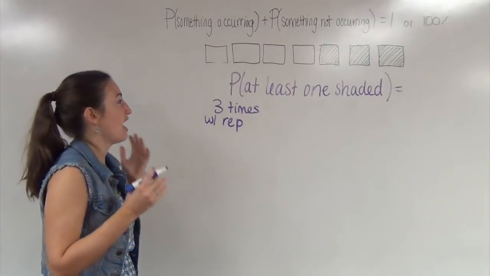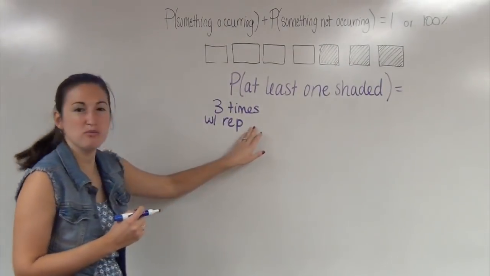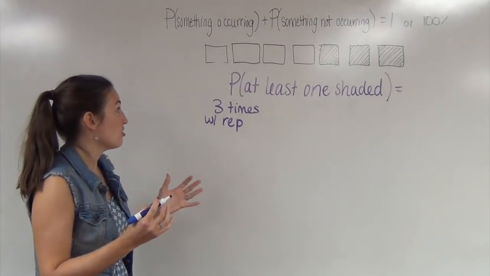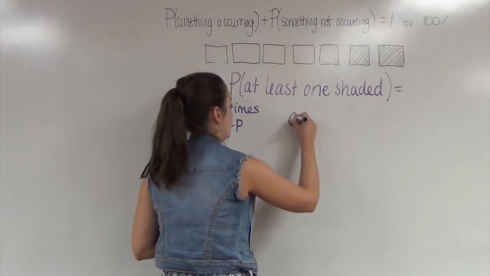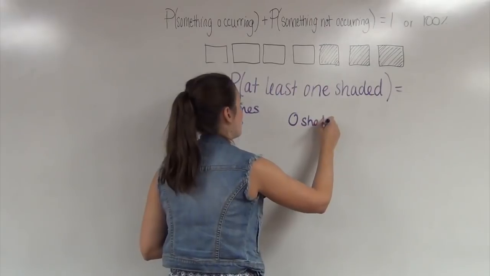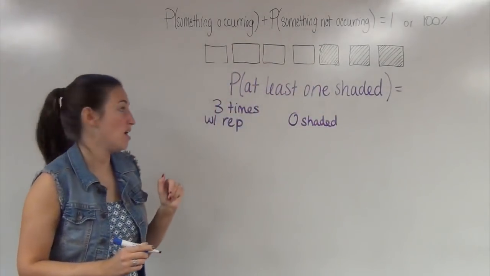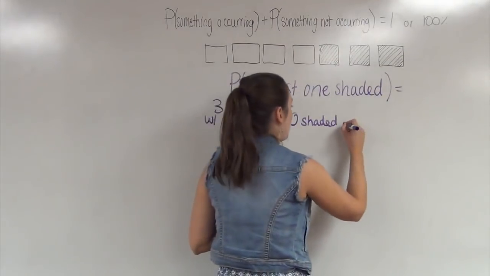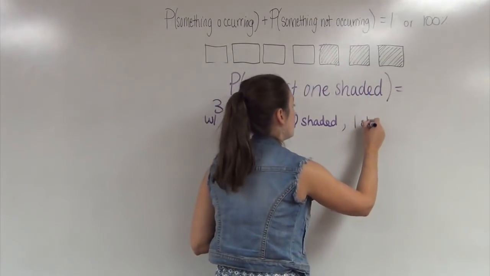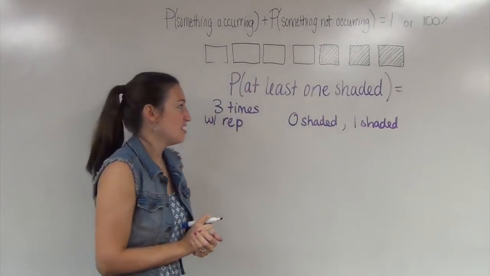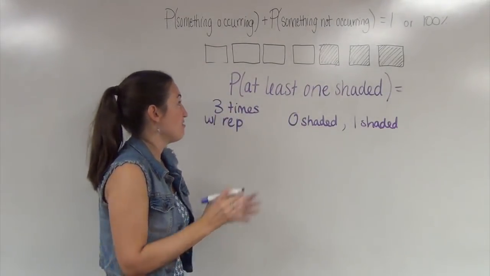So we can think about that for at least one. If I think about getting at least one shaded ticket, if I'm drawing 3 times, well, that means that I can either get 0 shaded tickets, right? I could draw 3 times out of this box and get all non-shaded ones. Or I could also get 1 shaded ticket, right? That's another option. And I have more options, right?